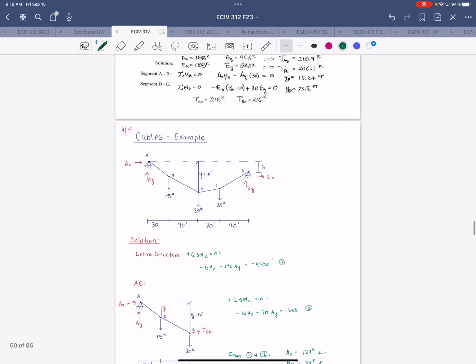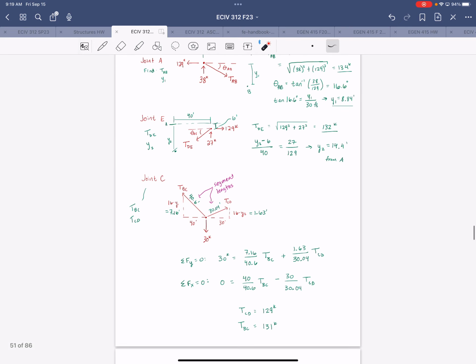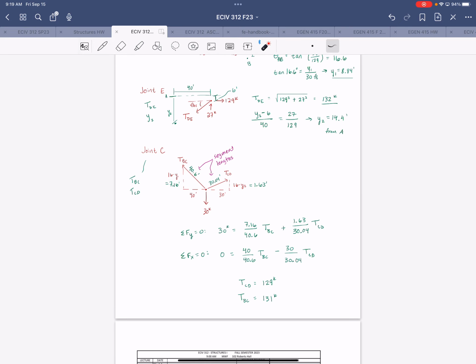But if we look at the cable, it's the closest segment to being horizontal among all four of them. So it makes sense that the cable tension is the closest to the horizontal component, right? Questions? Okay. Now you know how to analyze a cable.